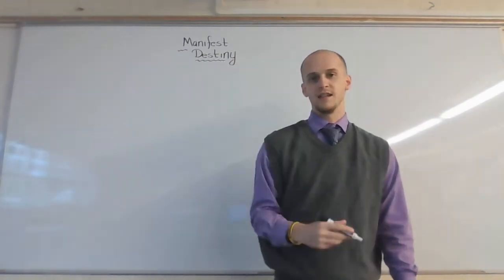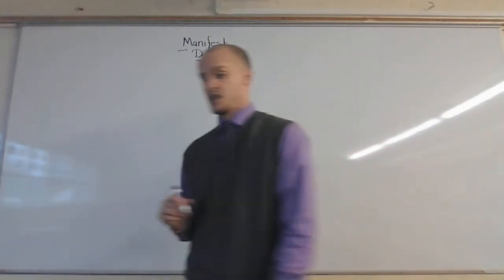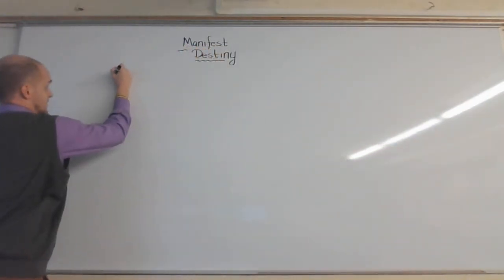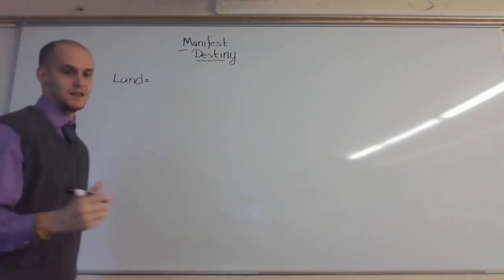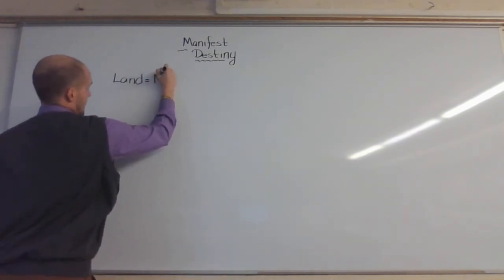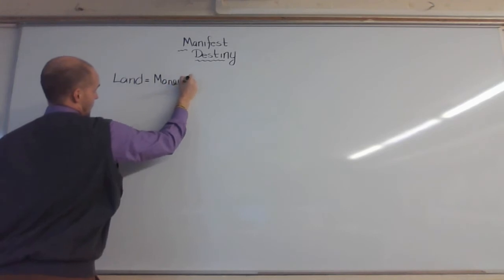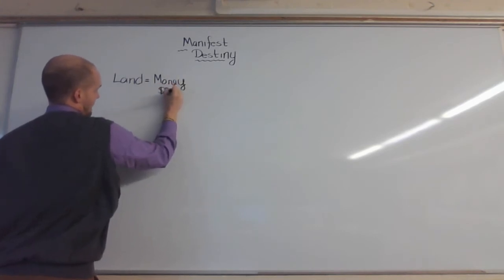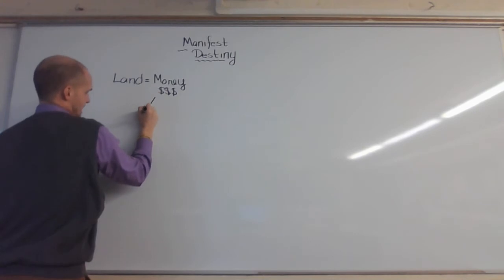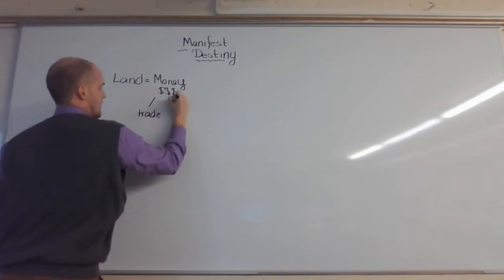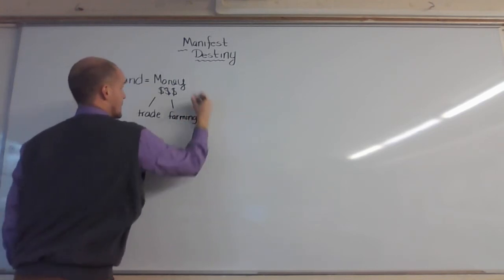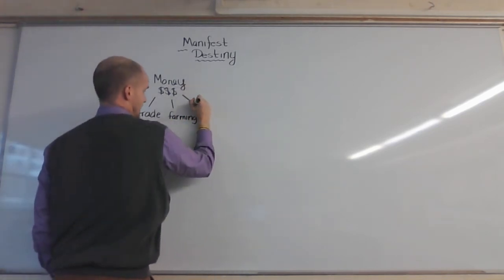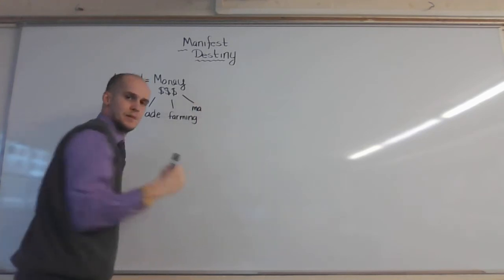All right, so the first thing we need to understand about manifest destiny is that it all revolves around land. And this equation is important because land equals money. That can be money from trade, farming, manufacturing, like building factories and stuff.